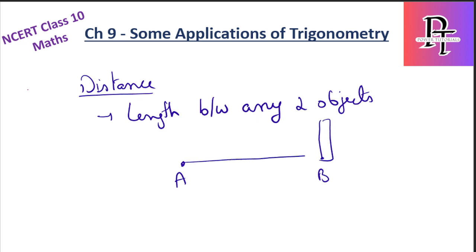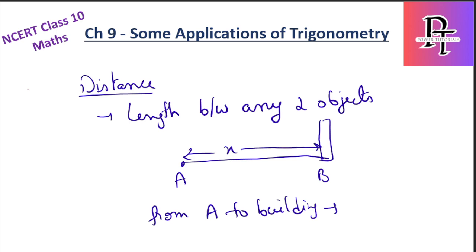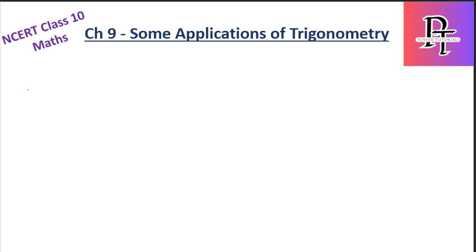Then the distance from A to the building will be the distance between them. If I say x meters, then the distance between these two points is x meters. In this heights and distances concept, we have two angles we have to remember.